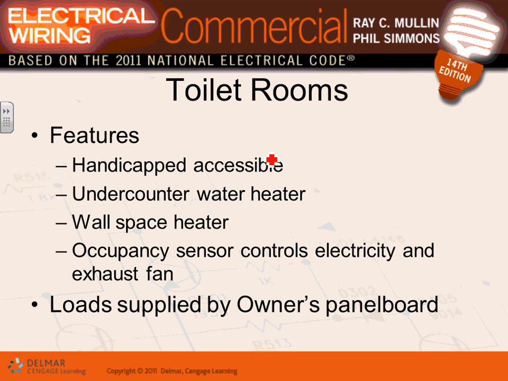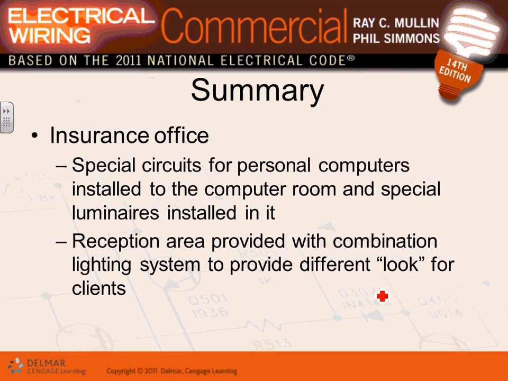For the toilets, guys, they have an under-counter water heater, a wall space heater, you saw that one, and an occupancy sensor to turn the light on and off, and it's fed from the owner panel because this is a multi-occupant building, and it's handicapped accessible. Now, in the 2014 NEC, the 2013 code book, they're adding certain requirements of the Americans with Disabilities Act into the National Electrical Code, to make it easier for you to design for people with disabilities.